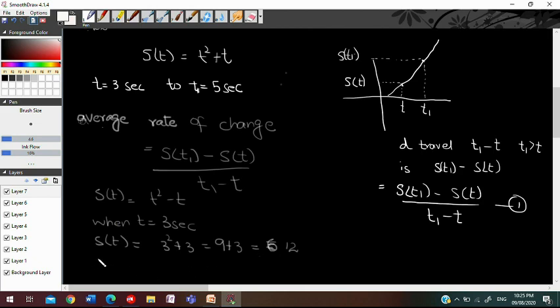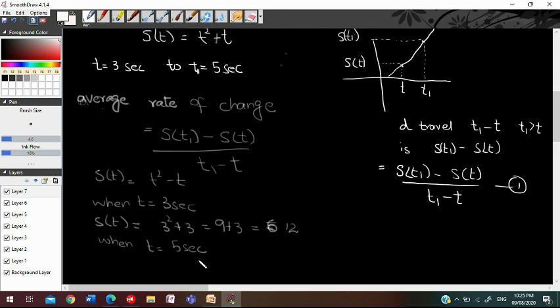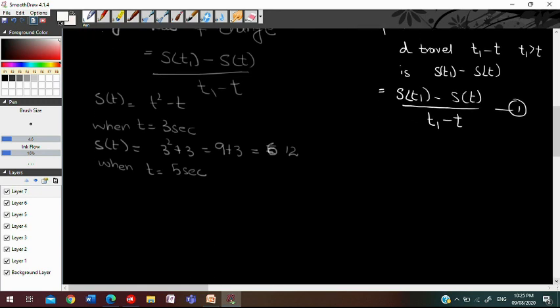And then for the second time, when t is 5 seconds, again use this formula: s of t is equal to 5 square plus 5, which is 25 plus 5, equal to 30.